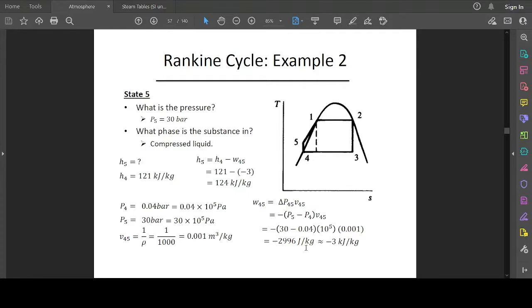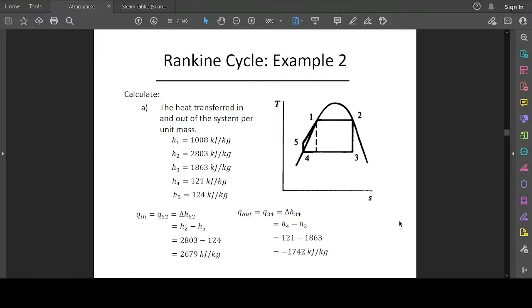If we use that value, we can calculate the work done by the pump to get this saturated liquid to a compressed liquid, and that will give us minus 3 kilojoules per kilogram.